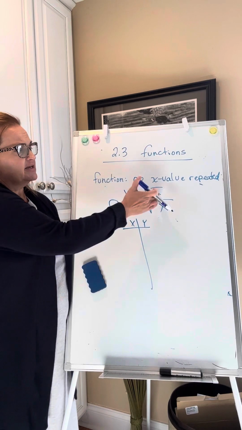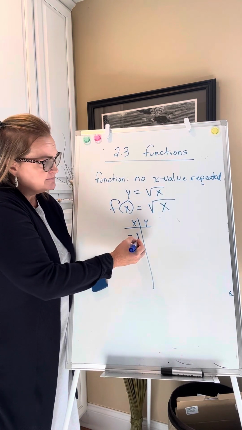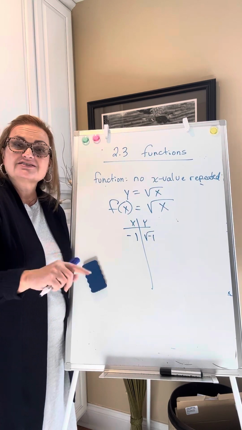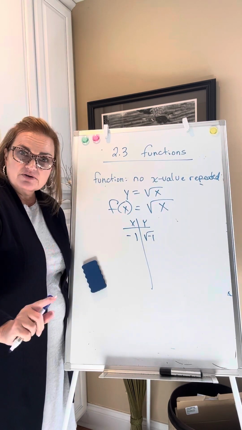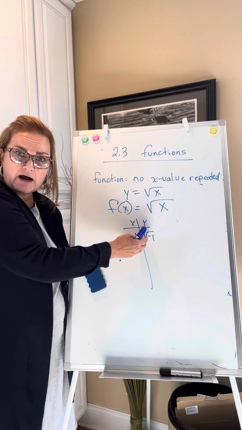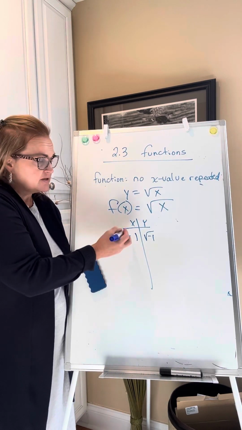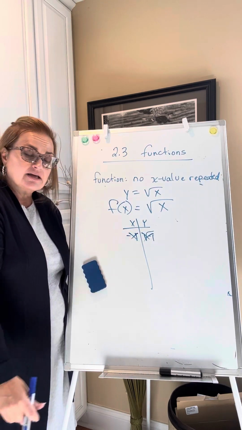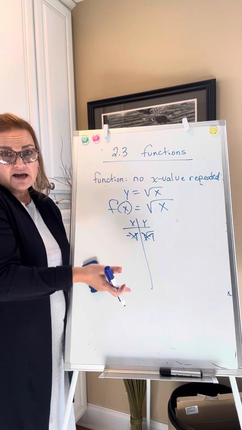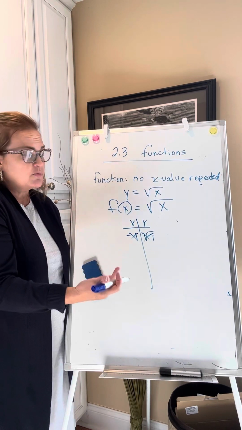So you can plug in a number like -1, and that's an okay answer, but it's not real. It has to be real in this section. When we're graphing, you have to be able to get a real answer for y before x is in the domain. So -1 is not in the domain. Neither is any negative number. You just can't plug in anything for x this time and get a real output for y.